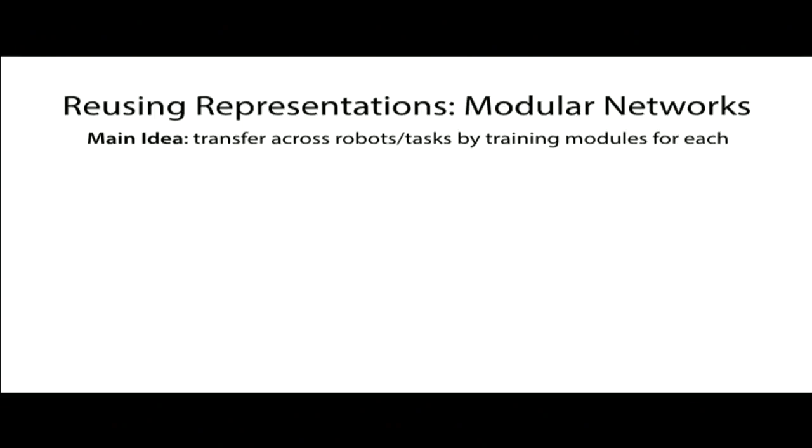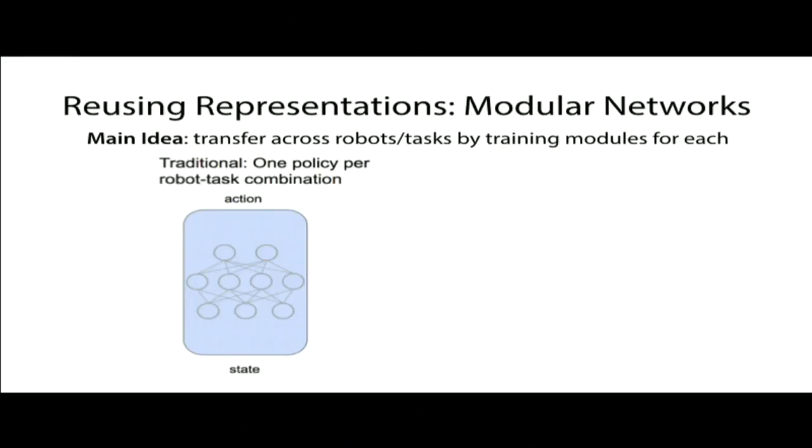Okay, and then the last piece of work on reusing representations that I'm going to talk about is modular networks. This is somewhat different from progressive networks. The main idea here is that we're going to try and transfer across different robots and different tasks by training a module for each robot and for each task.